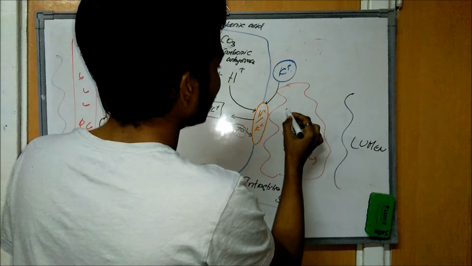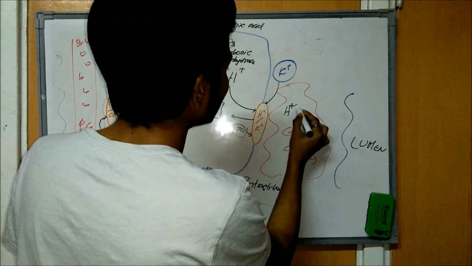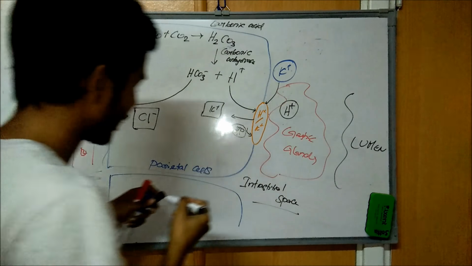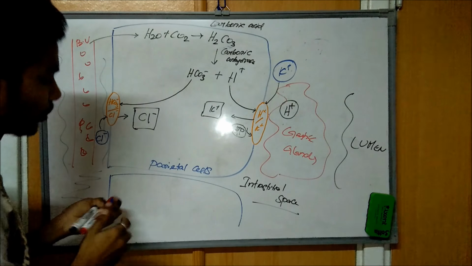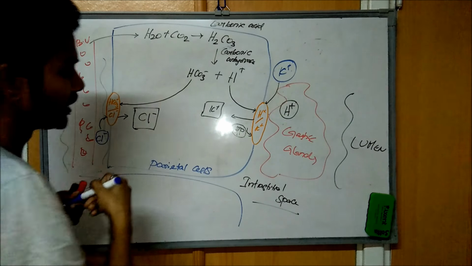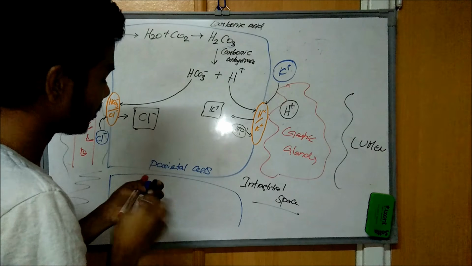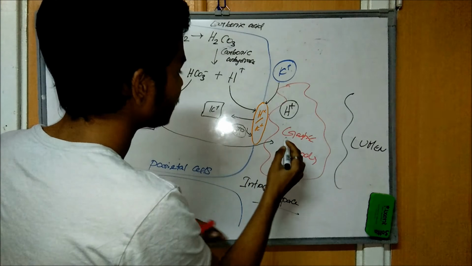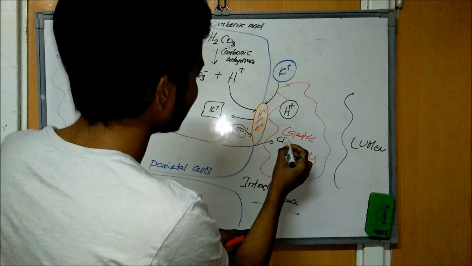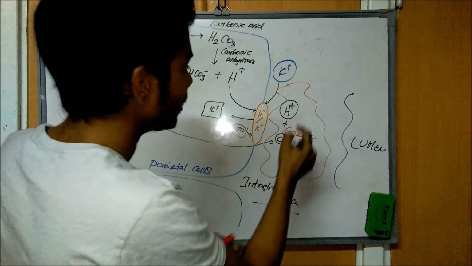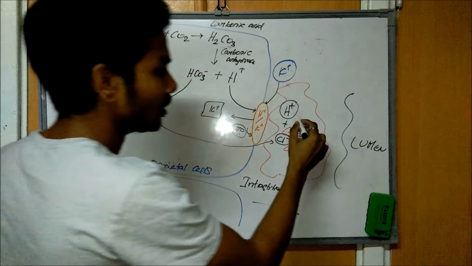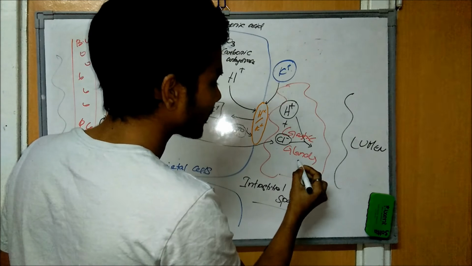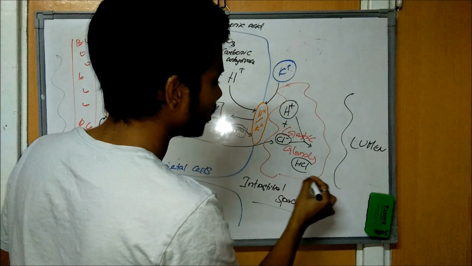So now this H plus is out of the cell, and then this chloride ion will easily diffuse out of the parietal cells and go to the gastric glands. So now this hydrogen ion and chloride ion will join together and form HCl.